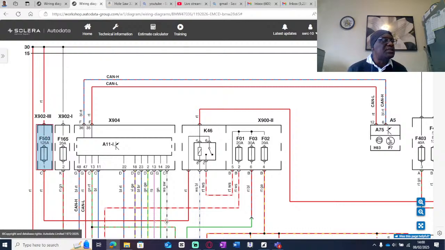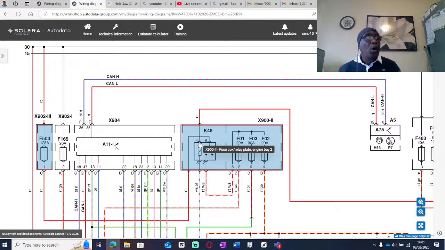So all the time, this pin 6 is hot all the time. If you come here with the ignition key off, you are still going to get power. You only get power on pin 4 when the ignition key is on. But on pin 6, power stays there.